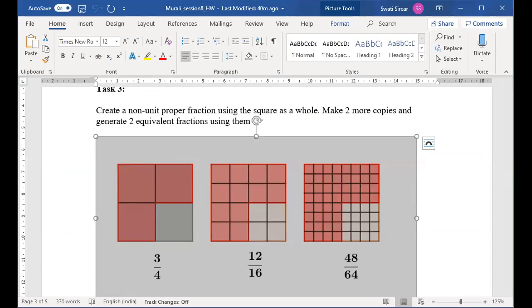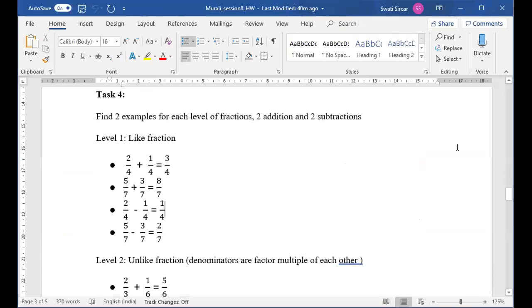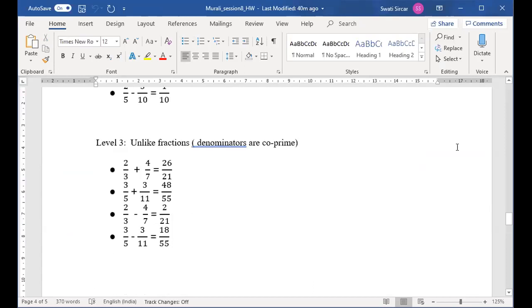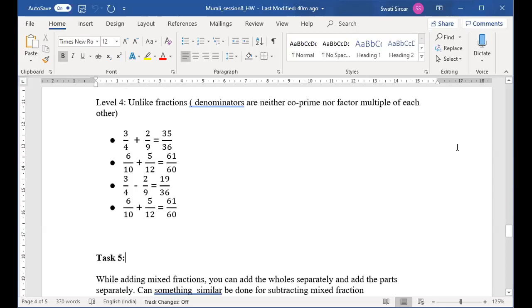Now task 4, I think most people got task 4 correctly. I just have some things to point out. For example, 10 and 12 are correct, because they are neither co-prime nor factor multiples of each other. What about 4 and 9?